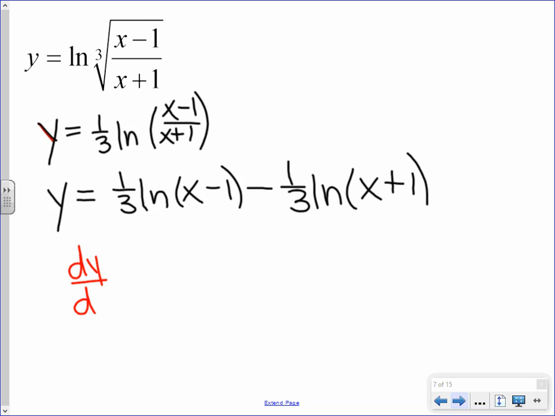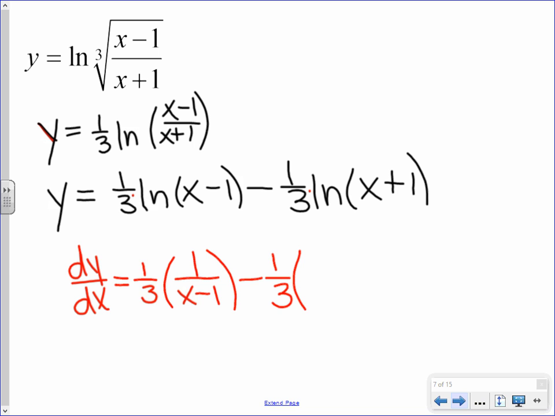dy/dx equals, remember, a constant multiplied to a function goes along for the ride. What is the derivative of the natural log of x minus 1? Minus, when we take this derivative, we have a constant times the natural log. The constant goes along for the ride. Joe, what's the derivative of the natural log of x plus 1? 1 over x plus 1.